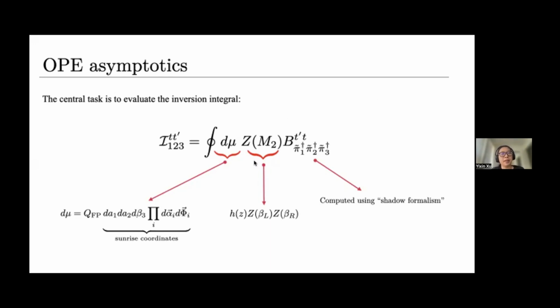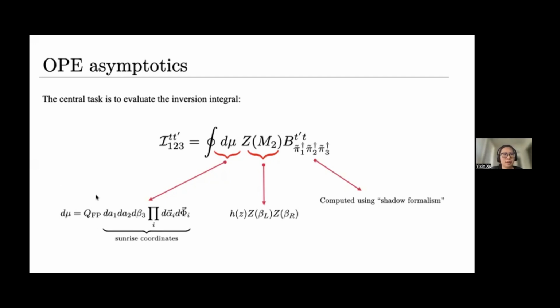To do that, the main computation you have to do is to evaluate this inversion integral. Let me unpack things a little bit. To perform this inversion integral, the integral measure is a measure over the moduli space of flat conformal structures. We can adopt a Faddeev-Popov procedure to fix the gauge and express this measure in terms of the sunrise channel coordinates, which are A1, A2, beta 3, together with all the angular fugacities.